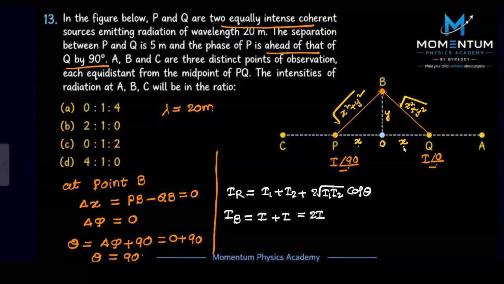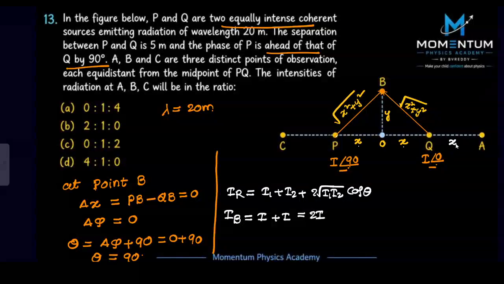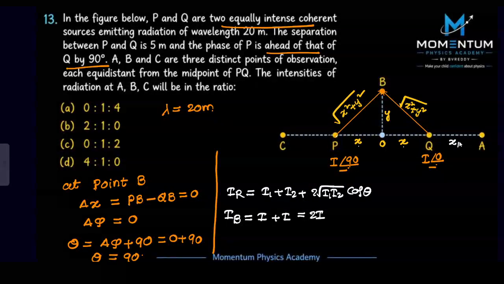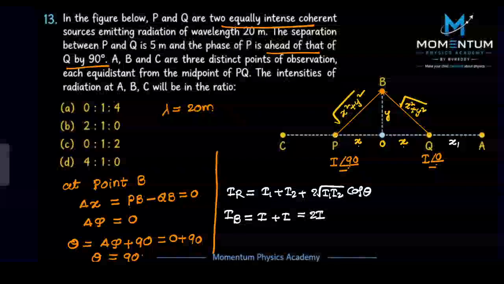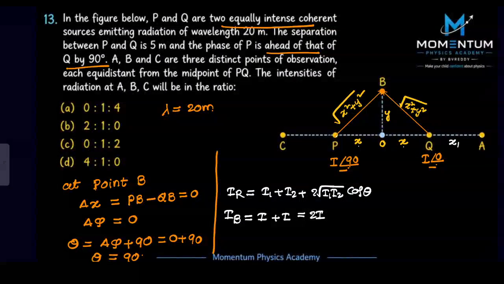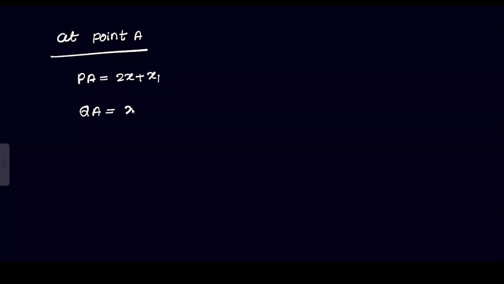This is X, this is X. Let us call this distance X1. P to A distance is equal to 2X plus X1. Next, what is the Q to A distance? It is X1.